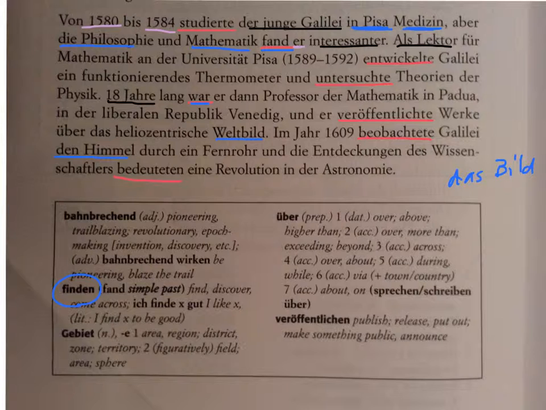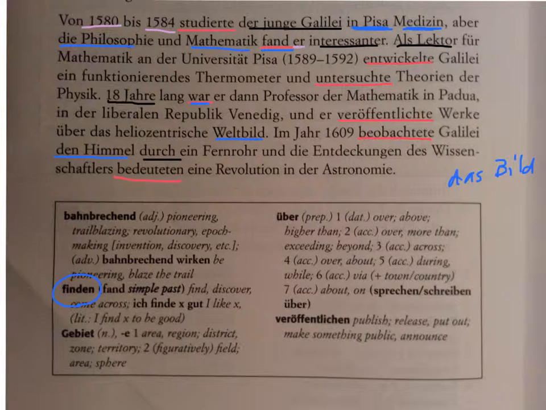Through, this is preposition durch, through a telescope, and this is the German word, the literal word for telescope. So I'll start at the beginning.